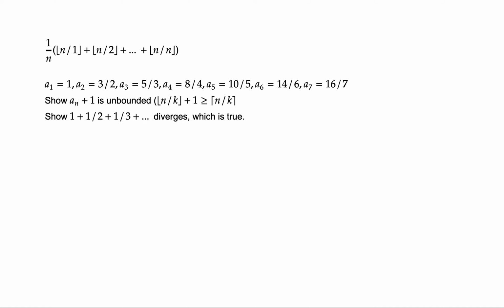Then there are 90 numbers after that, each greater than or equal to 1 over 100, so that's 9/10. Then with 900 numbers, each at least 1 over 1,000, you get 1 plus 9/10 plus 9/10 plus 9/10, and so on, which goes to infinity, which means it diverges.